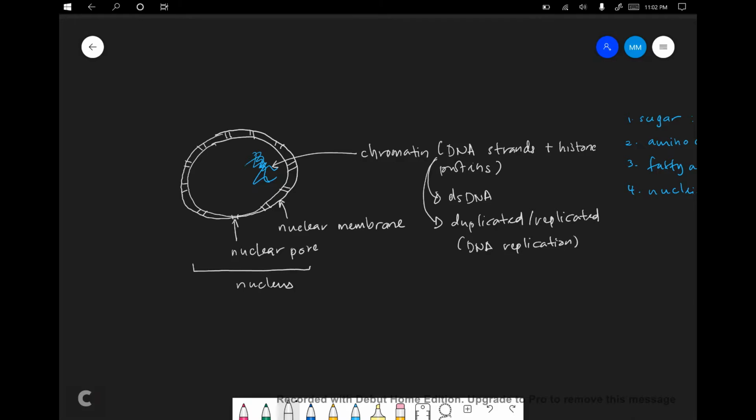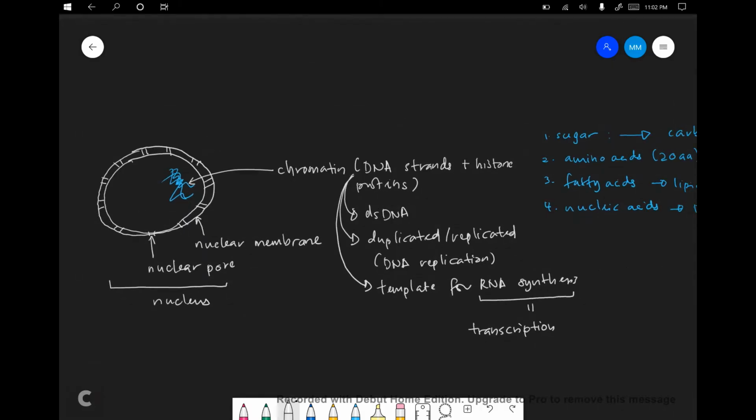Next, the DNA also can be served as template for RNA synthesis. So the process of RNA synthesis is known as transcription process.